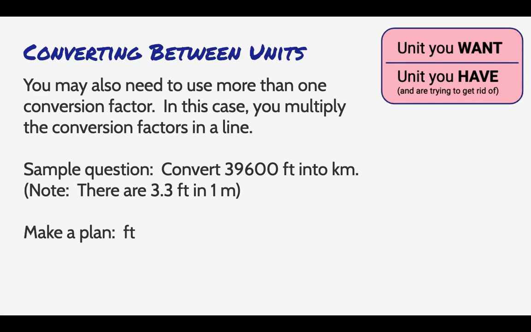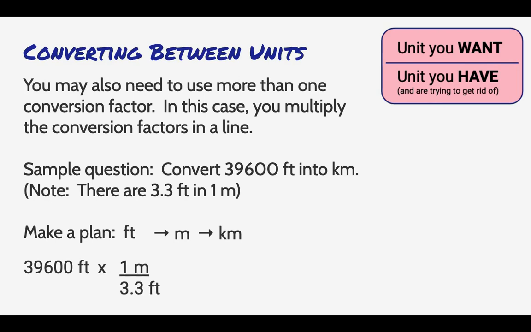So you could start by making a plan. We're starting with feet. We need to get to kilometers, but we need a little intermediate in there where we first need to go to meters before we can go to kilometers. So we start with the number that's given in the question, 39,600 feet, and then we convert that to meters.